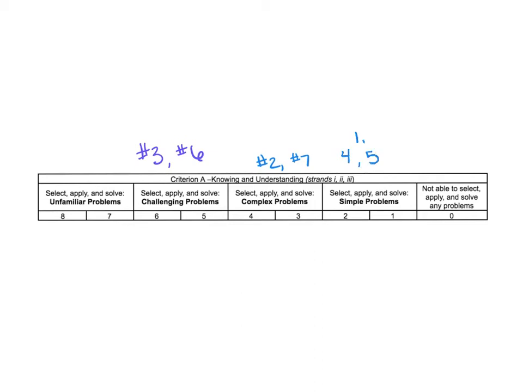So how did you do? If you got all the simple problems, then you would be at a 2, okay? If you got more right, the 2 and 7, then the more you got right, the better you can get. But right now, we didn't give you any unfamiliar, so the highest you could get on these problems is a 6.